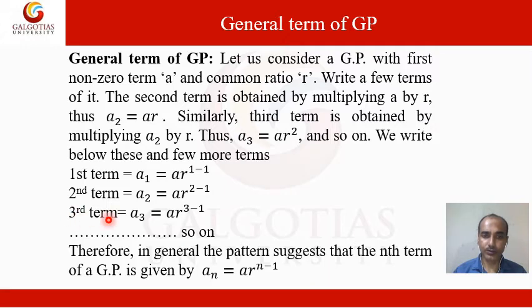In the same manner, A3 is AR square and it is written as AR to the power 3 minus 1, and so on. Therefore, in general, the pattern suggests that the nth term of GP is given by An equal to AR to the power n minus 1.